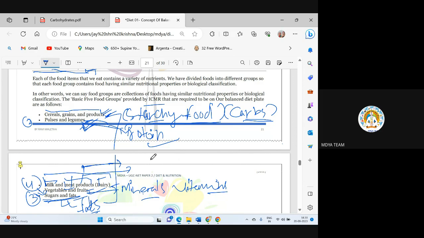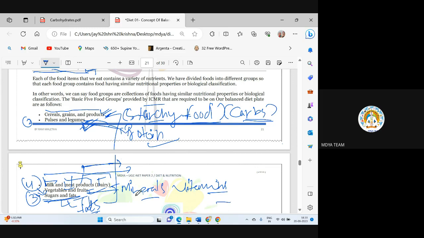So that's why our country is so deficient in many nutrients. Iron deficiency anemia is very commonly found in our country. Phosphorus and other nutrients are also found very deficient in the population. So the problem is not our food habit. The problem is our knowledge. The problem is availability of food.